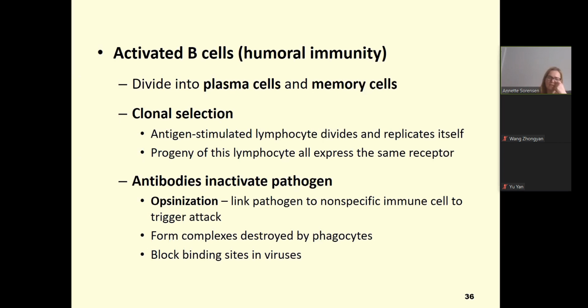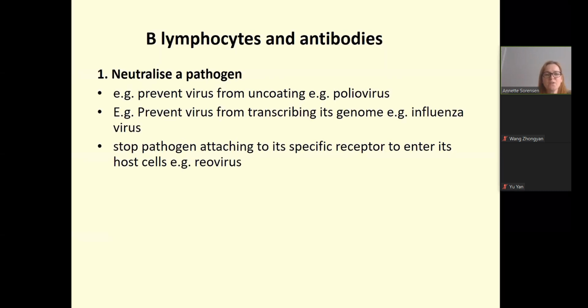These antibodies can also bind and block specific sites which a virus, for example, requires for entry into a cell. So the virus can no longer be taken up into a cell because the binding site has been blocked.